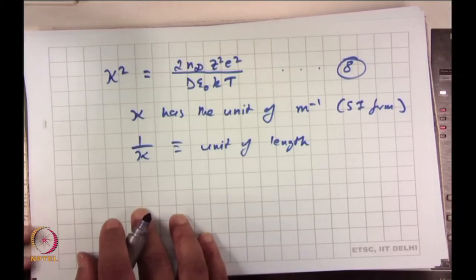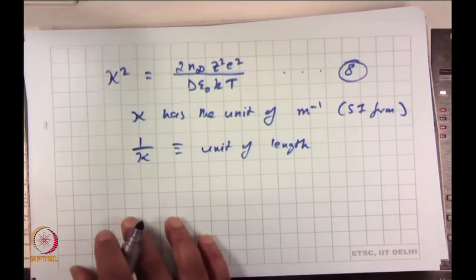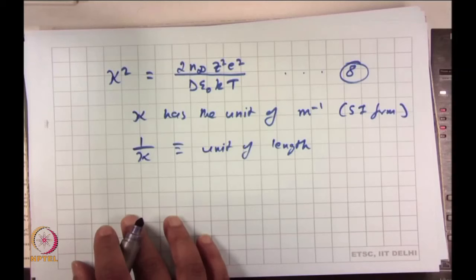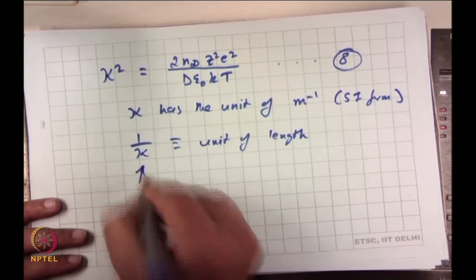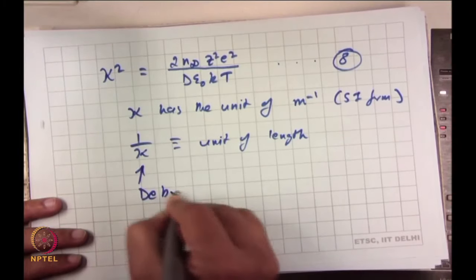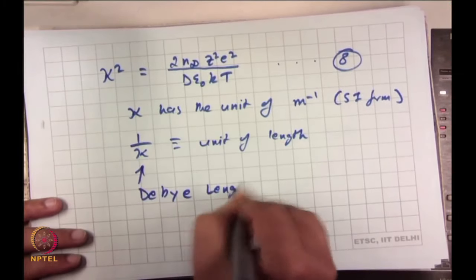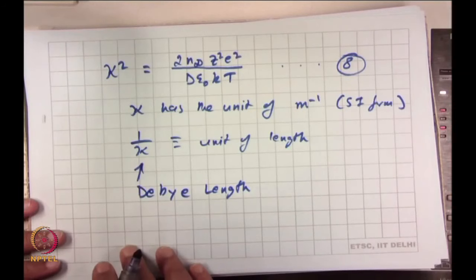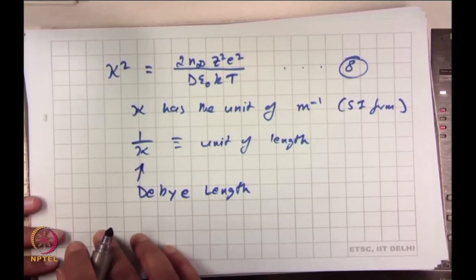So, what do you think is the significance of this unit of length? This 1 by kappa is referred to as the Debye length. What do you think is the significance of this Debye length?